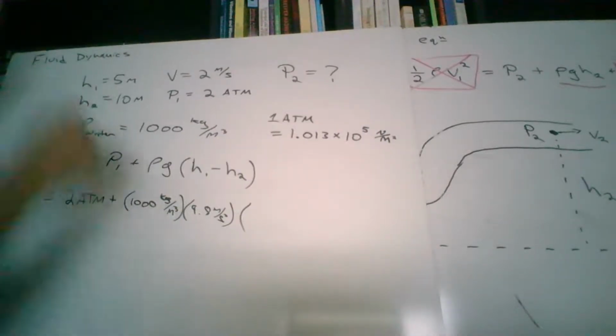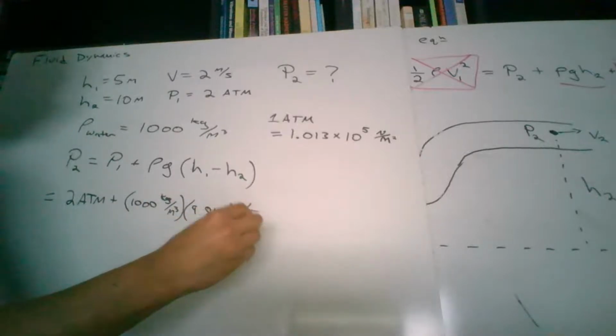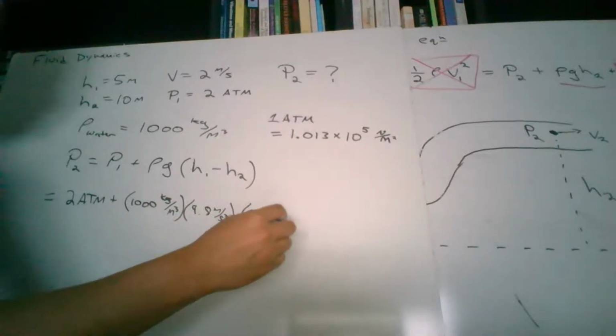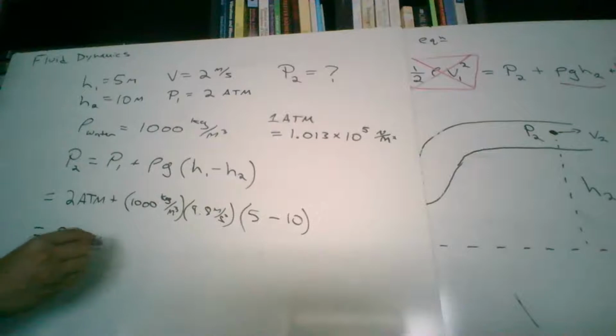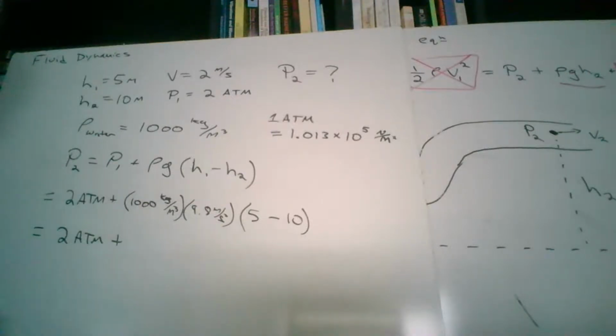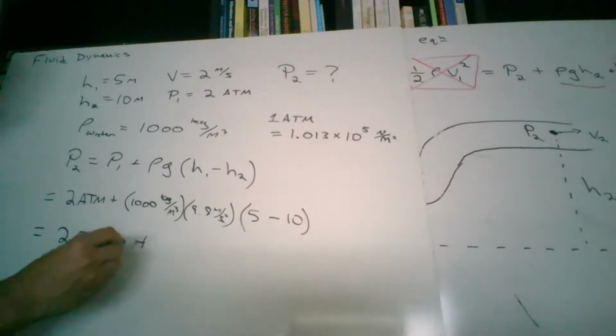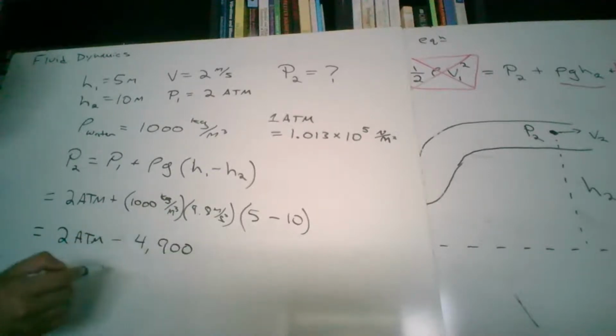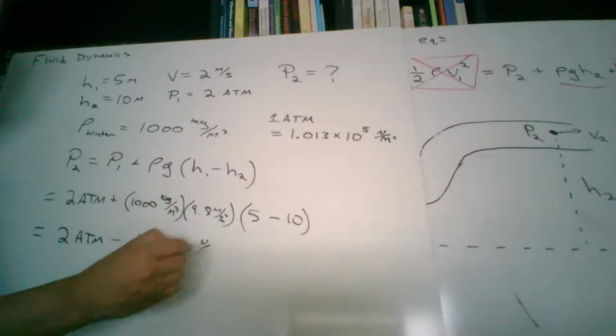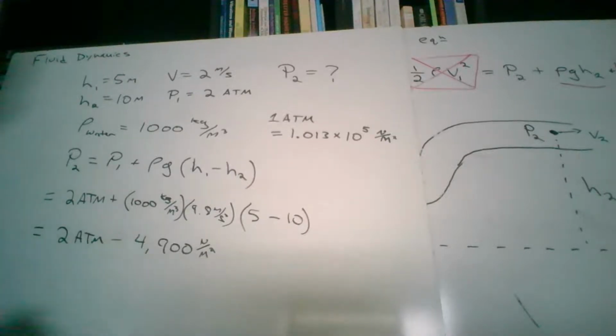So H1 is equal to 5, and H2 is equal to 10. And so when we do that, we're going to end up with 2 ATM plus all of this multiplied together, which is minus 4,900 newtons per meter squared. And we want it in terms of ATM.